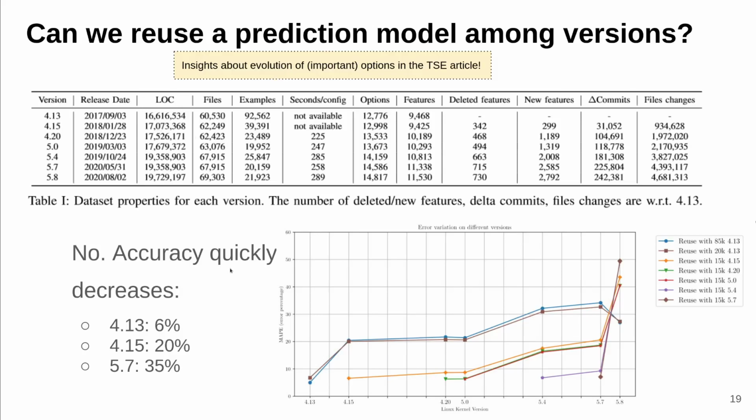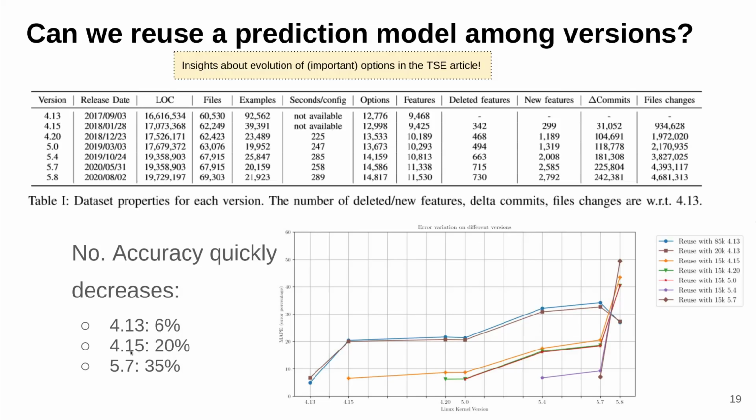And we notice that the error quickly increases up to 35% for version 5.8. And even between version 4.13 and 4.15, so only two versions ahead, right? The increase is quite worrying, from 6% to 20%.